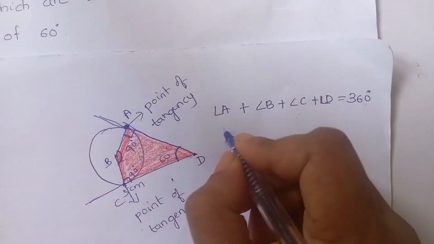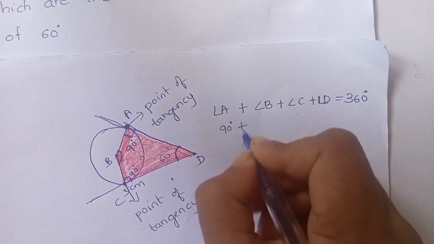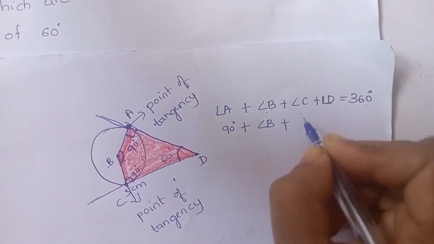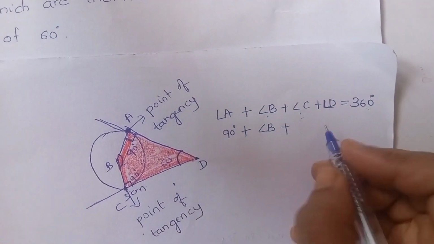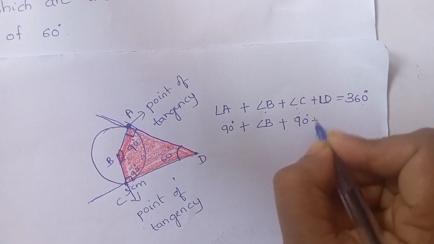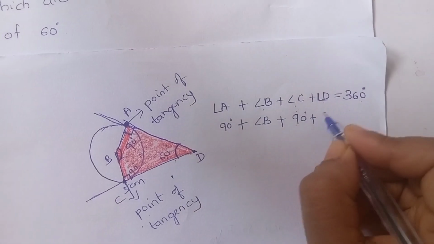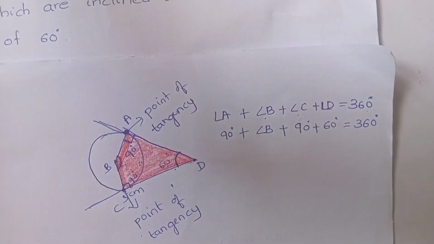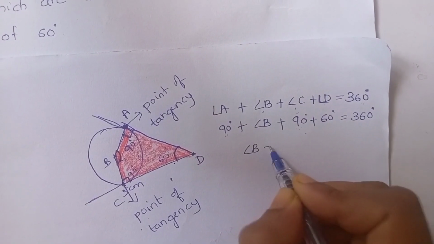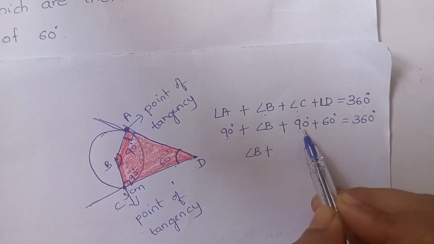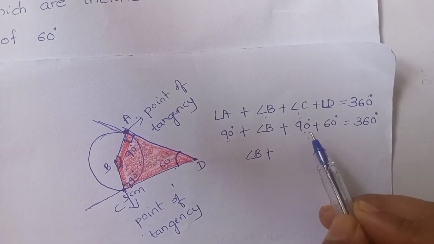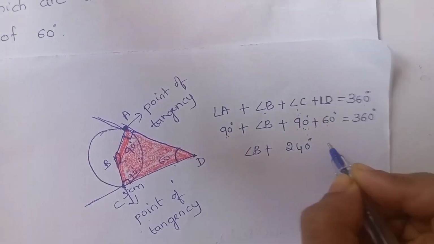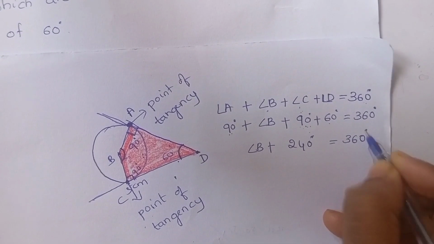Angle A is how much? 90 degree. Plus angle B, we have to find out. Angle C is 90 degree. Plus angle D is 60 degree, is equal to 360 degree. Angle B plus 90 degree plus 90 degree is 180 degree. 180 degree plus 60 degree is 240 degree, is equal to 360 degree.